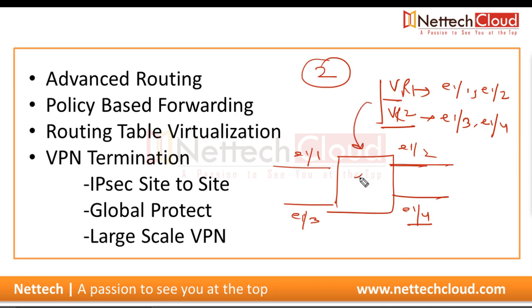By default, there is only one virtual router created, with the name default, and all interfaces, of course, need to be in it if we don't create an additional virtual router. But since in the Palo Alto firewall we have the option to create additional virtual routers, internal routers basically, interfaces can be in different routing tables.